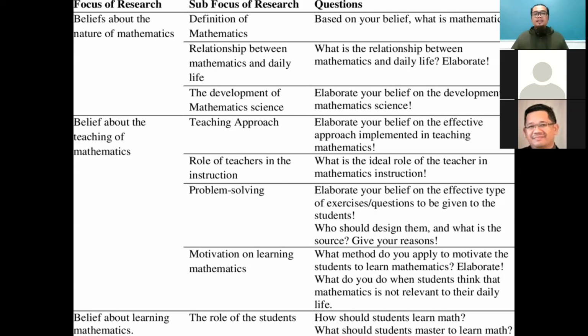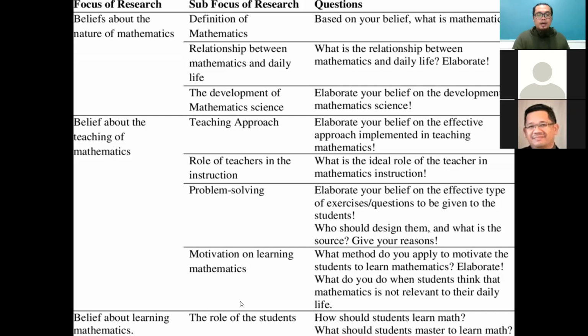Role of teachers in the instruction: what is the ideal role of the teacher in mathematics instruction? Problem solving: elaborate your belief on the effective type of exercise questions given to students, who should design them, and what is the source? Give your reason. Motivation on learning mathematics: what method do you apply to motivate students to learn mathematics? Elaborate. Sorry, what do you do when students think that mathematics is not relevant to their daily life?